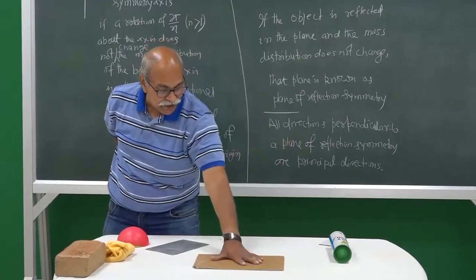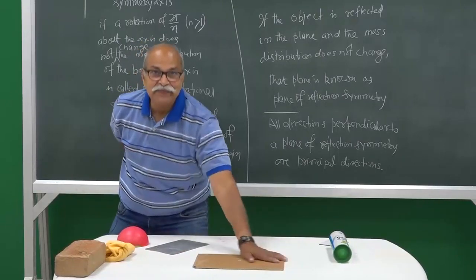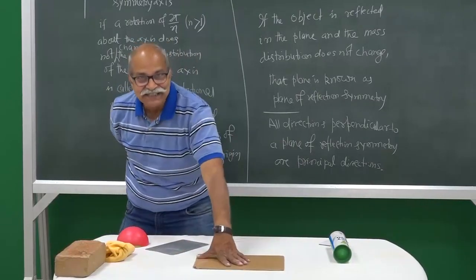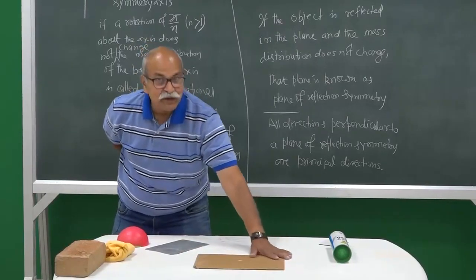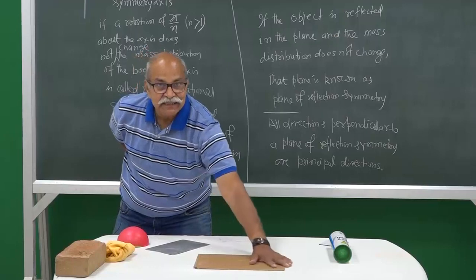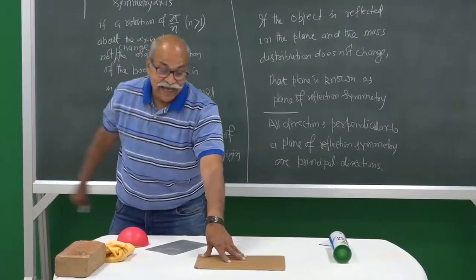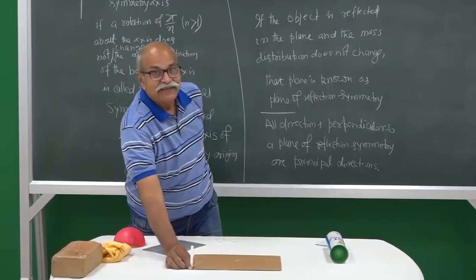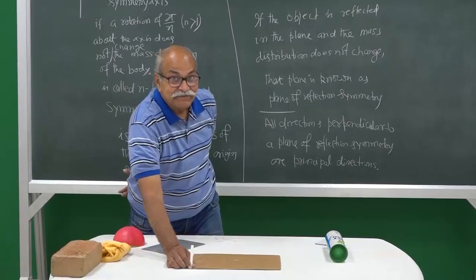If I reflect this object in this plane, what happens? Nothing happens, everything remains at its own position. So, this plane itself can be called plane of reflection symmetry. So, all directions which are perpendicular to this are principal directions, and that is why this z axis is a principal axis.